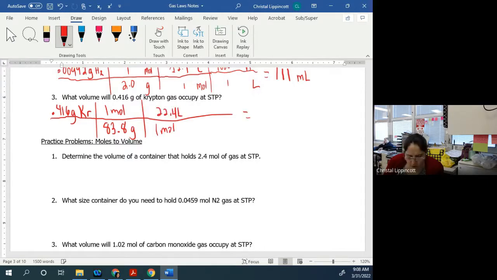See if I can come up with the right answer this time. I ended up with 0.111. That would be liters. Convert that into milliliters, it would be 111 again. All right. Any questions on those three?